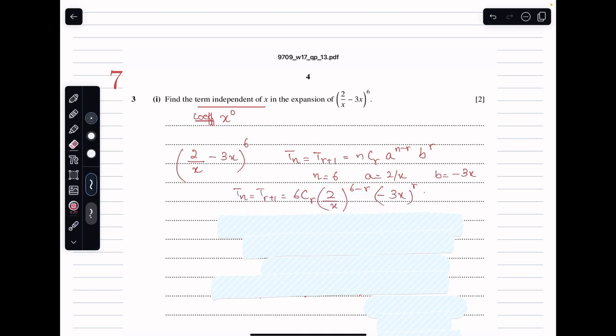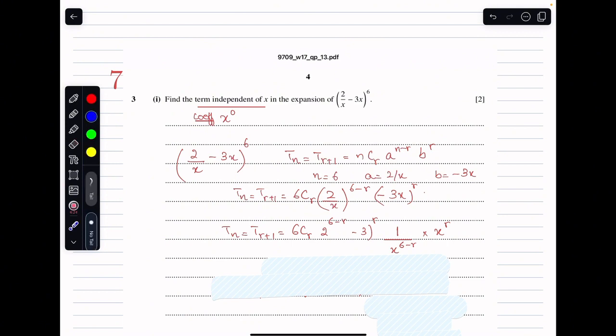So with respect to this data, if I substitute all the values here, then Tn, which equals Tr+1, shall be equal to 6Cr into (2/x)^(6−r) into (−3x)^r here.